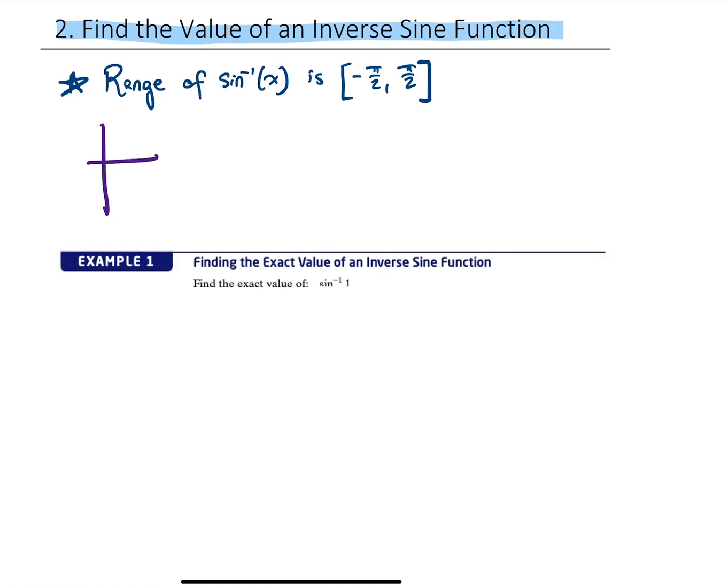So I'll draw that little diagram again. So we're on this right side of the unit circle. So that means the inverse sine will only produce output values in this range.